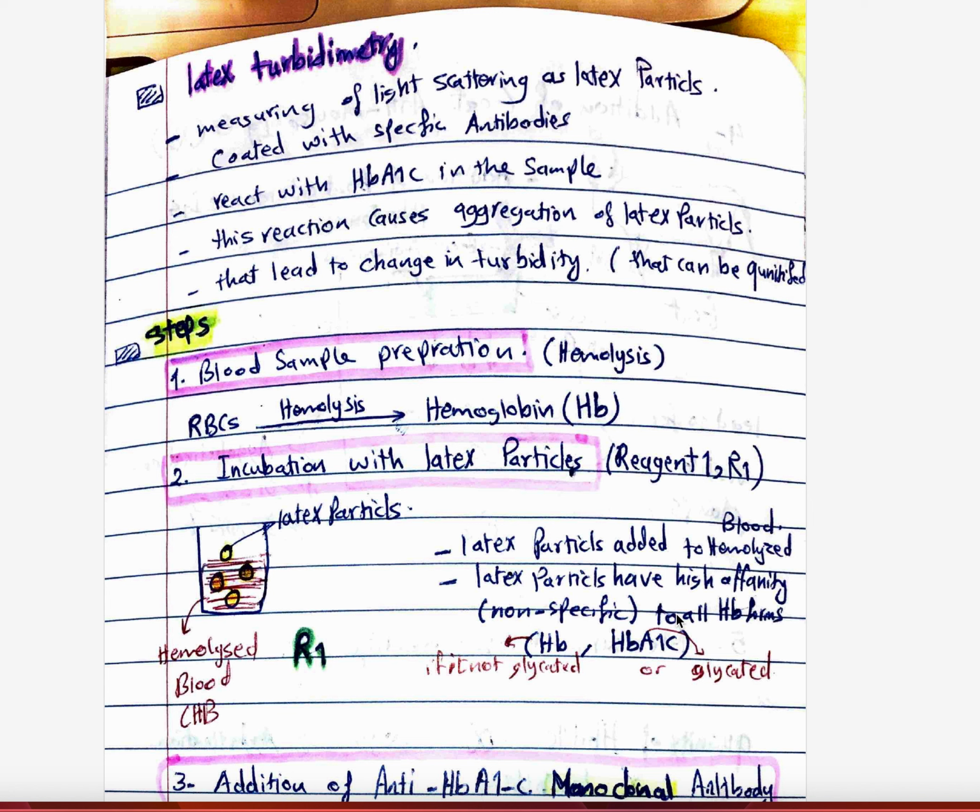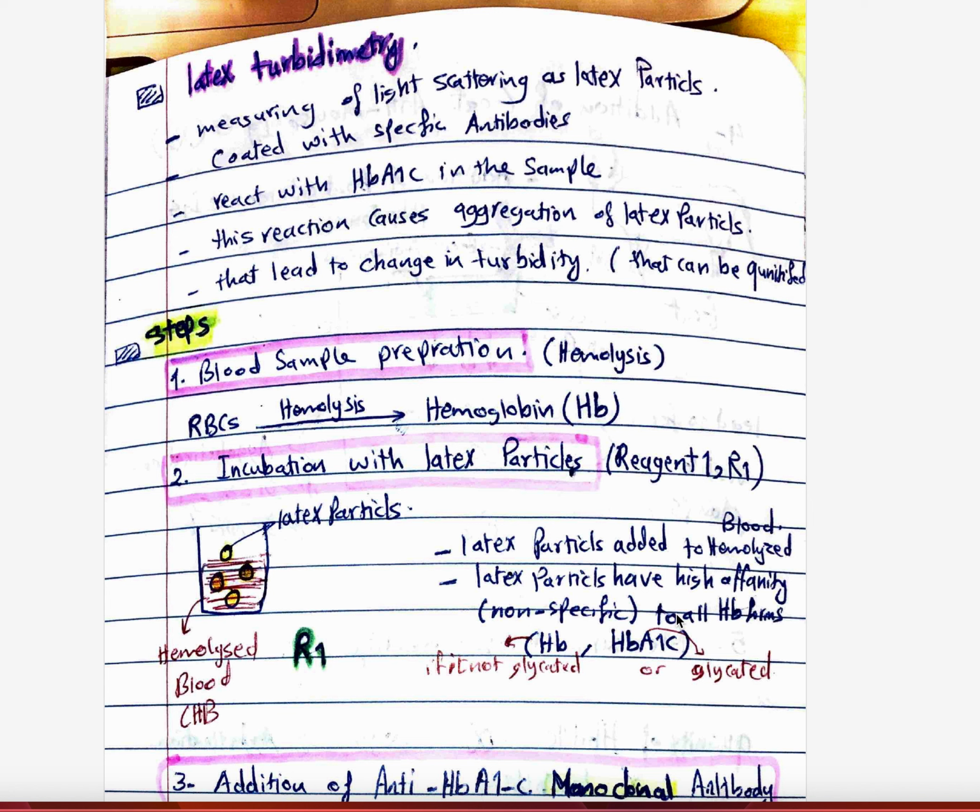After these antibodies react with the hemoglobin A1C, that leads to aggregation of latex particles, because they form a complex between the hemoglobin A1C and the antibodies. That leads to a change of the turbidity, and that can be quantified.